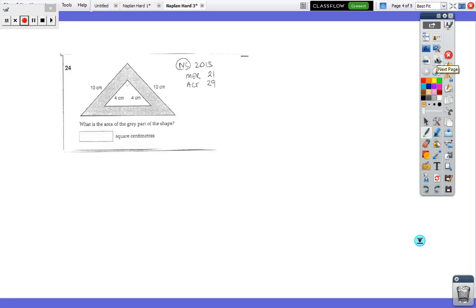Okay, now we're getting right down to only a fifth of the students getting it right. We're looking for the grey area, and the diagram has a right angle there, a right angle there. You need to know what the area of a triangle is, and you should be able to get this. The area of a triangle is base times height over 2.